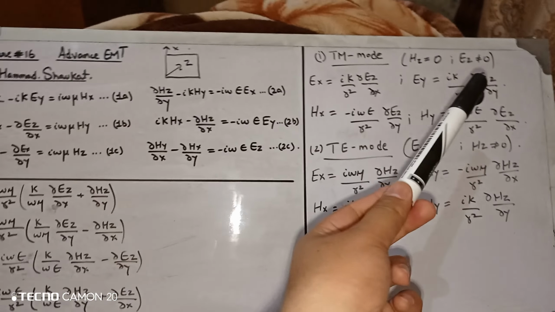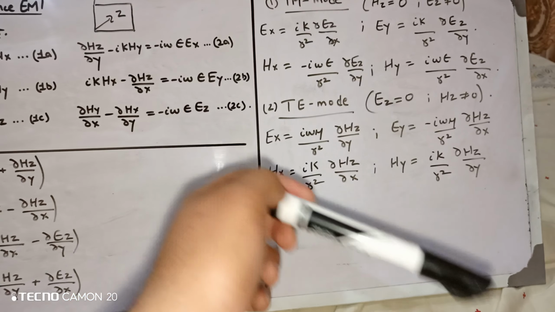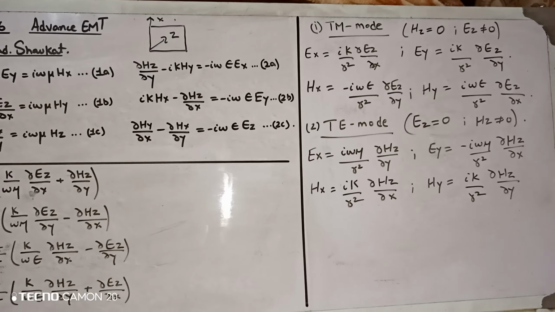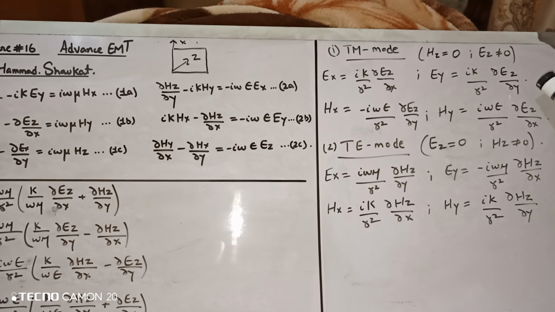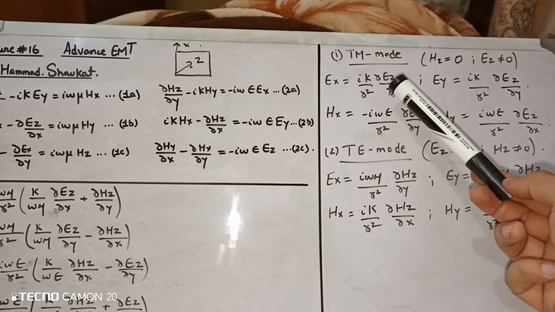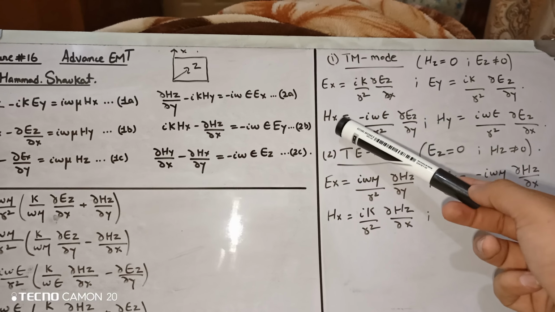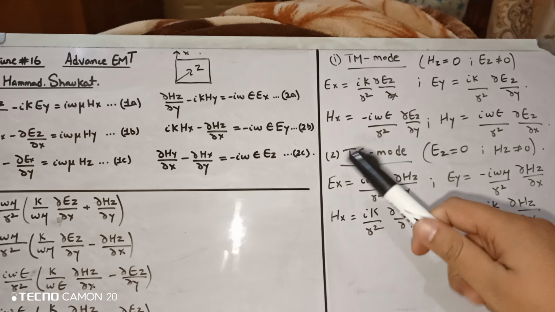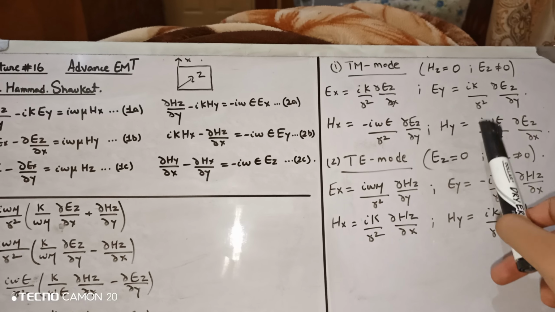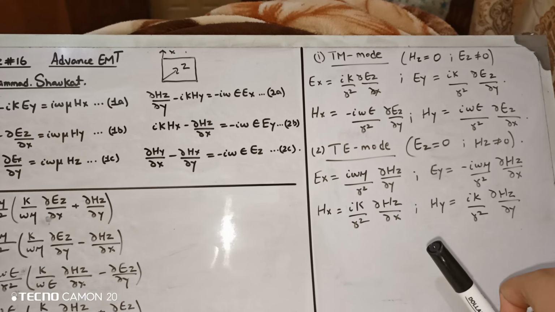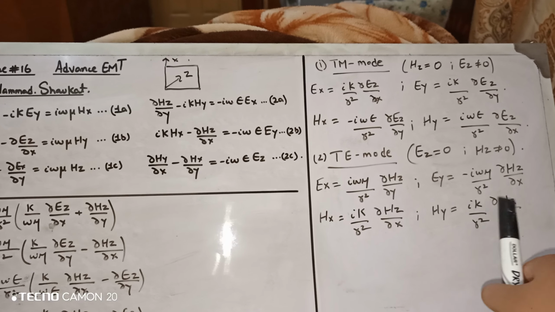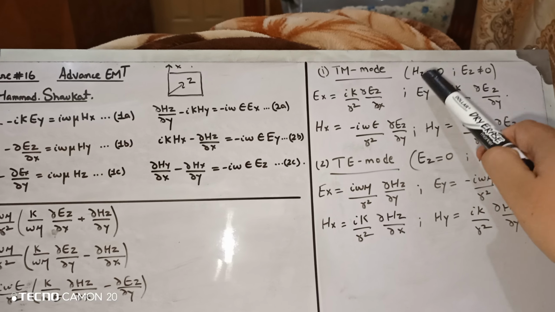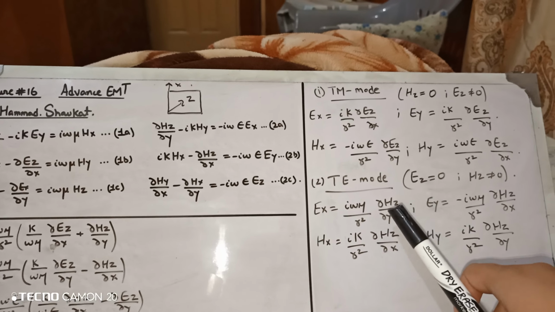You can easily see the difference that in TM mode the components of E are the same, like this X component, this Y component, and the electric field are the same, but the magnetic field components are different. This is X, this Y, this is Y, but this is X. But in TE mode you can see the magnetic components are now the same, X X, Y Y, but the electric components, which were the same in TM, are now different in TE mode.